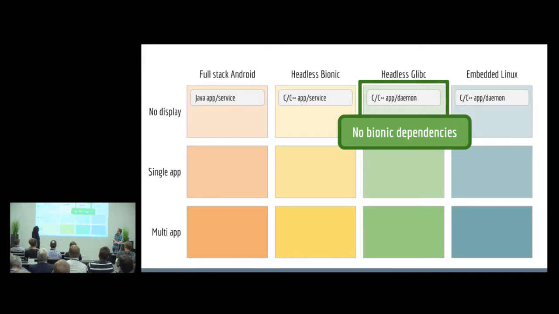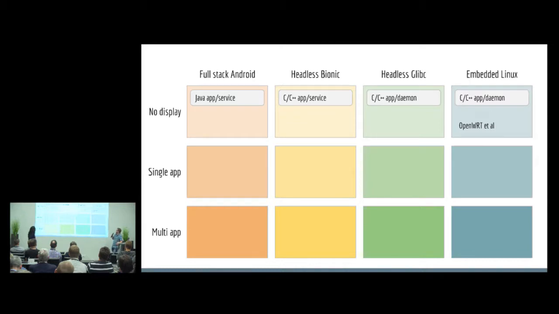But the good thing about this upper part here with no display and then headless glibc is you're basically pretty much in a normal embedded Linux. You're not dealing with much Bionic at all. You've been able to chop away pretty much all of Android. You're basically left with the Linux kernel. It's a relatively familiar space to be.